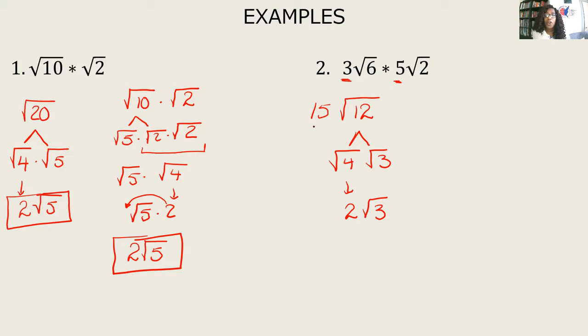But don't forget about the 15. And we're multiplying that to the 2. So again, multiply whole numbers with whole numbers, radicals with radicals. Since we only have one radical, that's going to come on down. And then 15 times 2, that gives me 30.